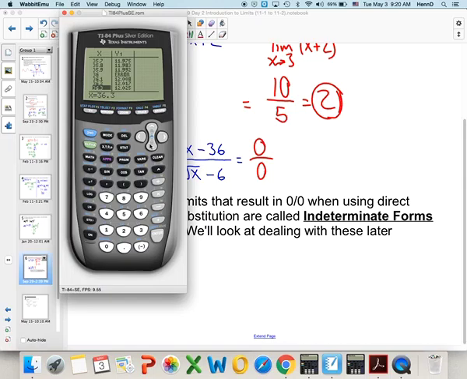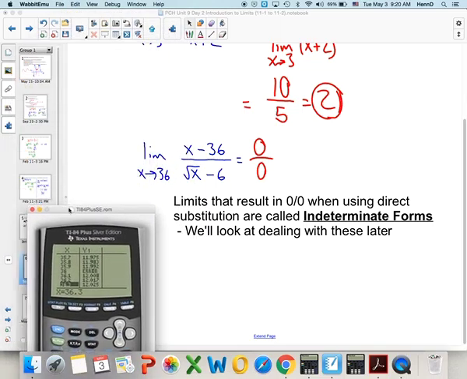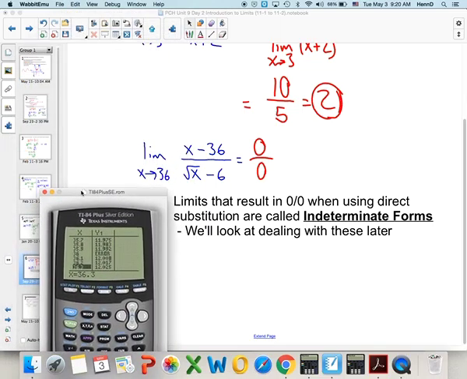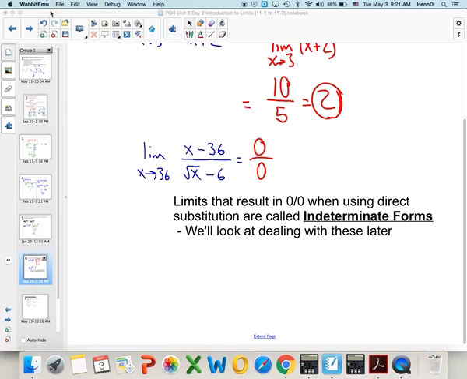We've got to do some work to it, though, to get that. Okay? So, if the denominator equals 0, it doesn't necessarily mean that there is no limit. It just means that we've got to explore this problem a little further because we have this indeterminate form. Okay, and we're going to take a couple days to look at those forms later.